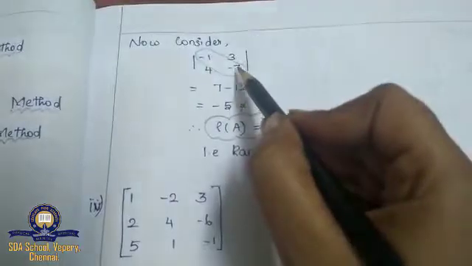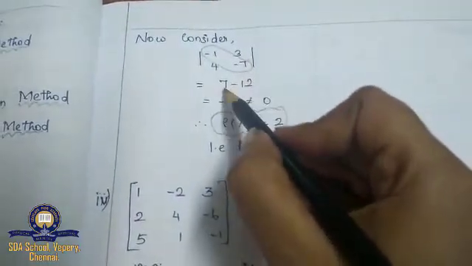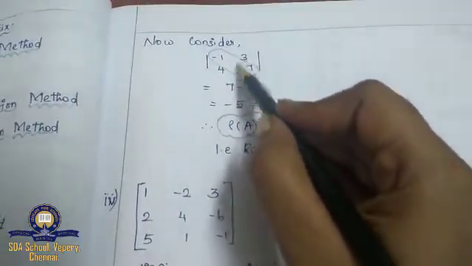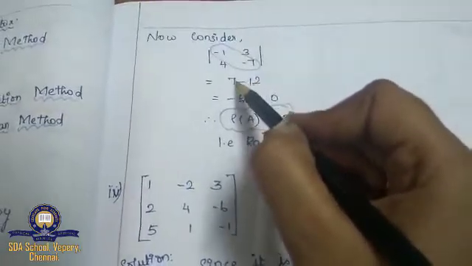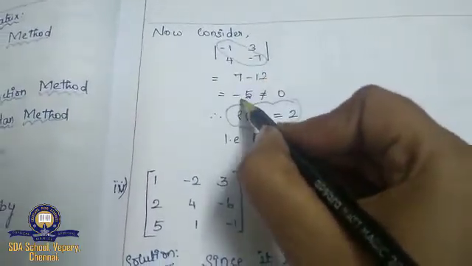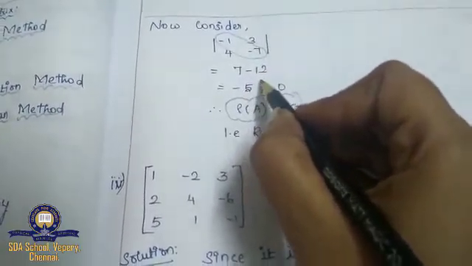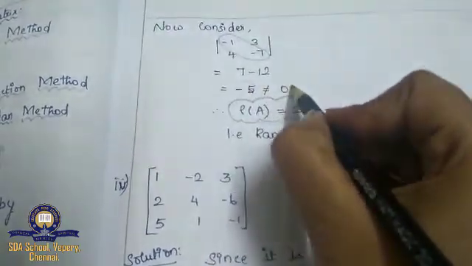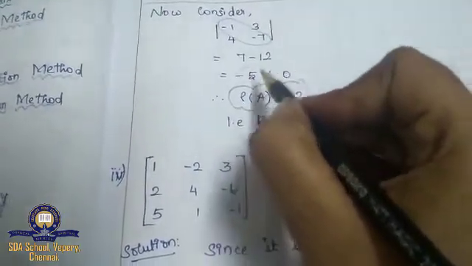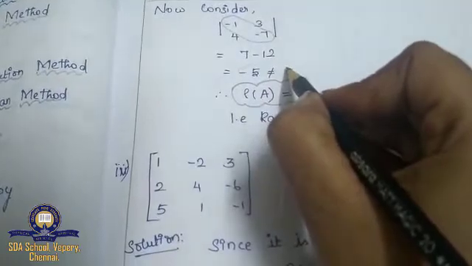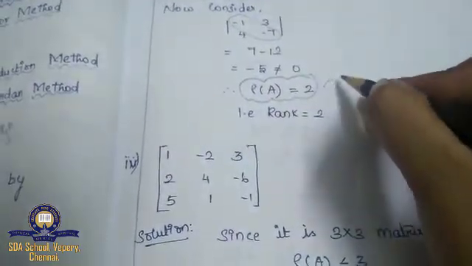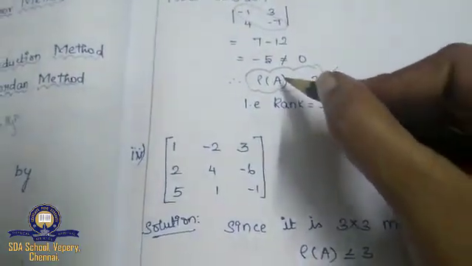So minus 1 into minus 7 is 7, minus 3 into 4 is 12. So 7 minus 12 is minus 5. Now see, in the first step itself, you got some number other than 0. So what I told, if you get a number other than 0, your rank will be 2. So here rank of A equals 2.